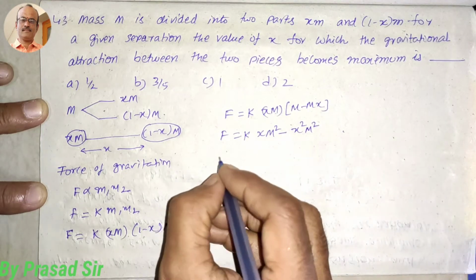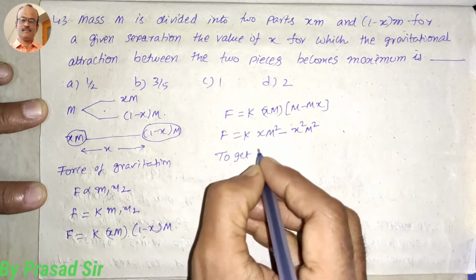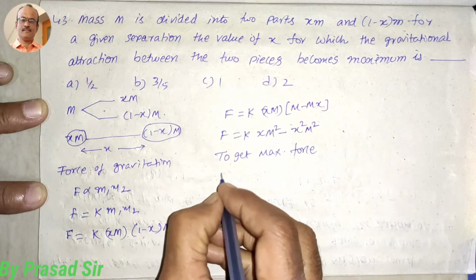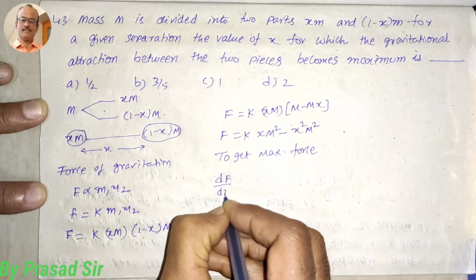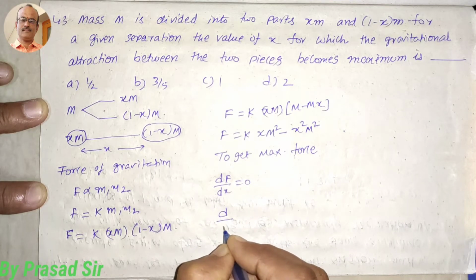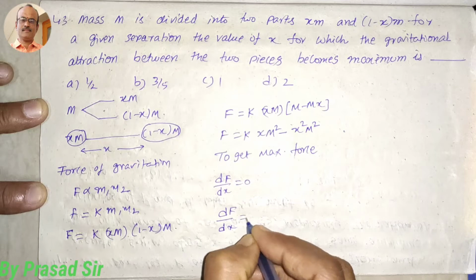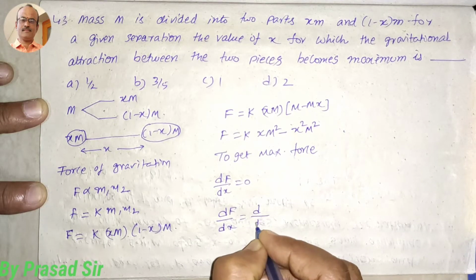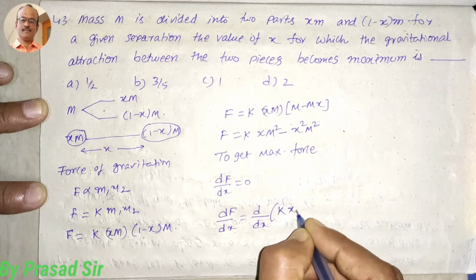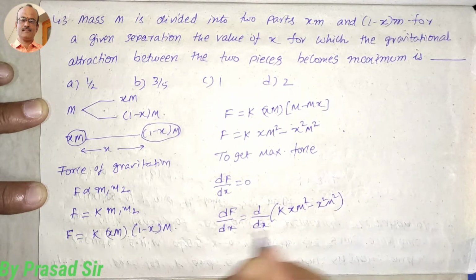So here, to get maximum force, dF by dx becomes 0. That means dF by dx is equal to d by dx of k x m square minus x square m square.